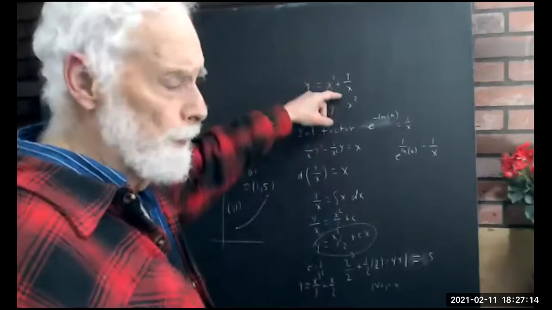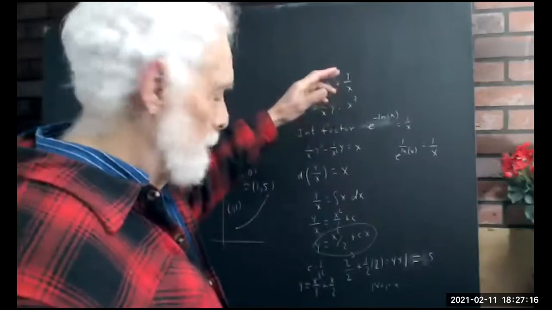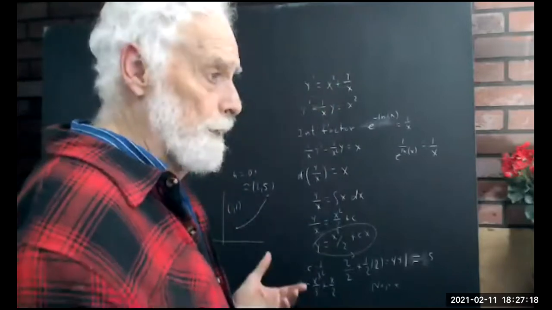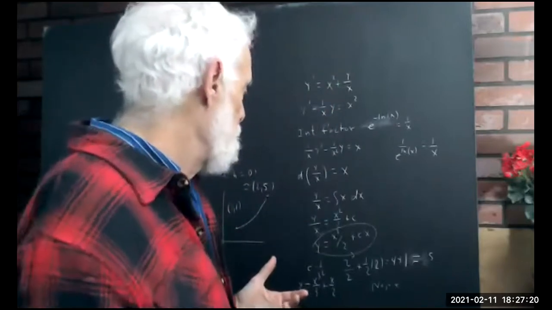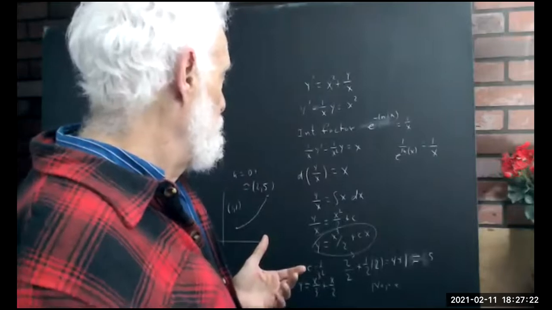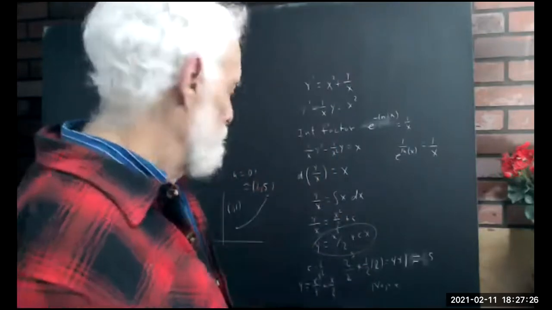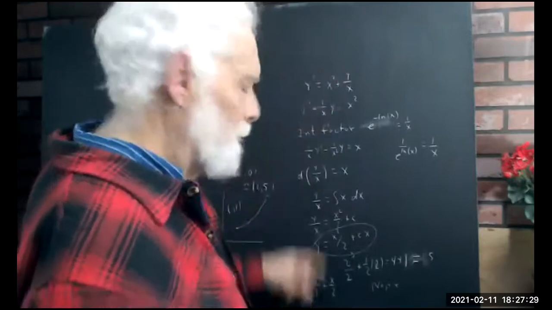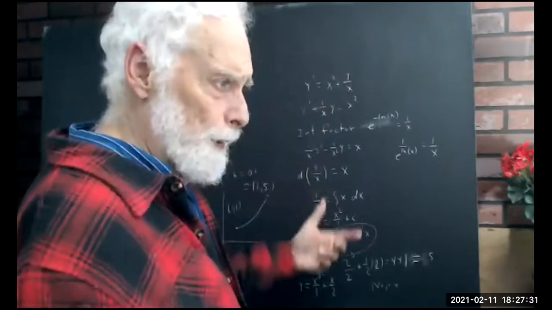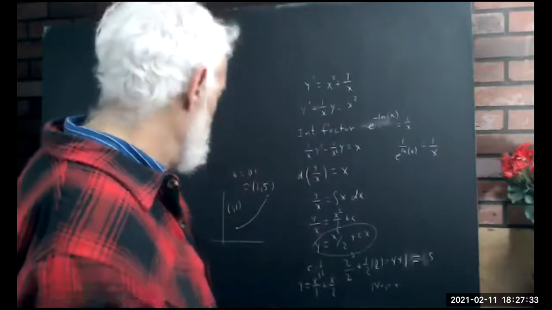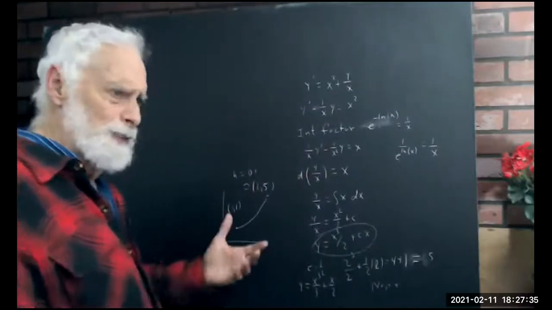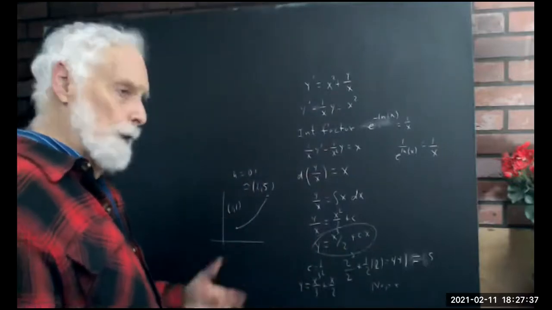So that y over x has to equal 1/2. And when y equals 1 and x equals 1, that works out, except it doesn't quite, because there's a constant that comes in here. Work it out yourself and you'll see. So it doesn't seem to work.